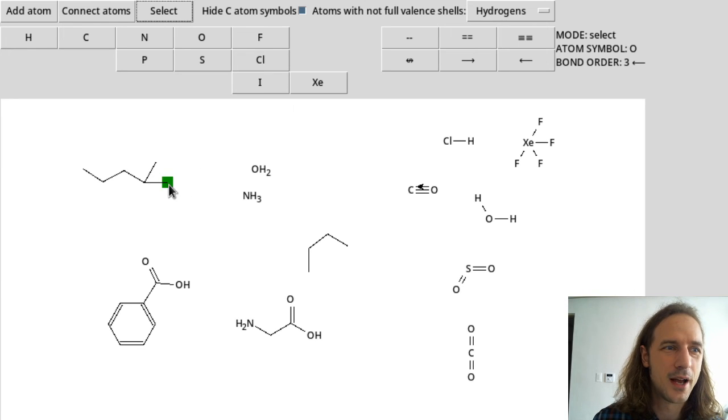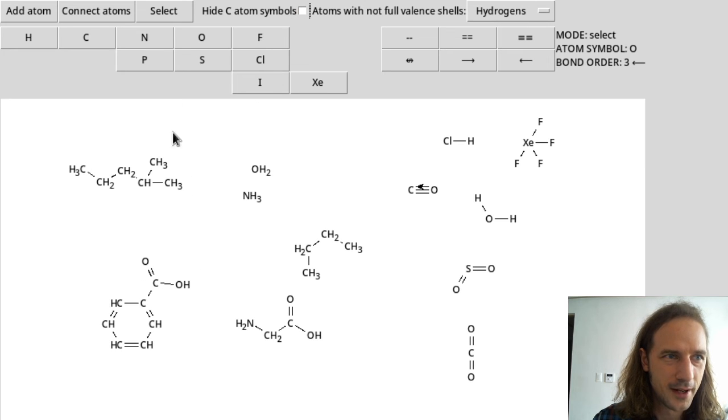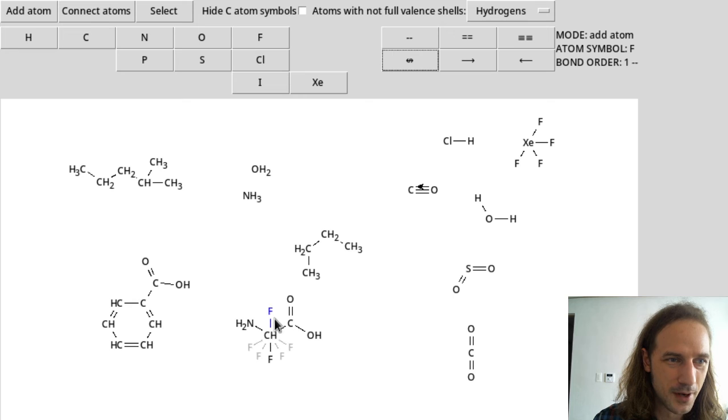I want to be able to add placeholders which don't have these chemical checks, because currently, for example, to this carbon atom I cannot add anything else, because this carbon atom already has the 4 bonds that is possible for a carbon atom to have. So here, of course, I could set it back to single bond, but I added all the fluorines and I cannot add anything anymore to this.